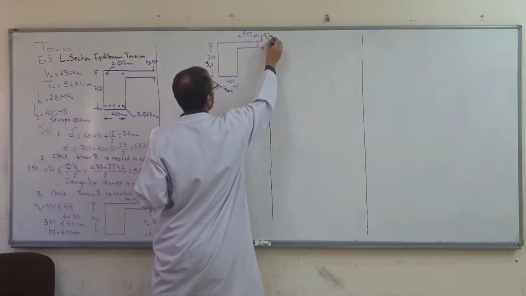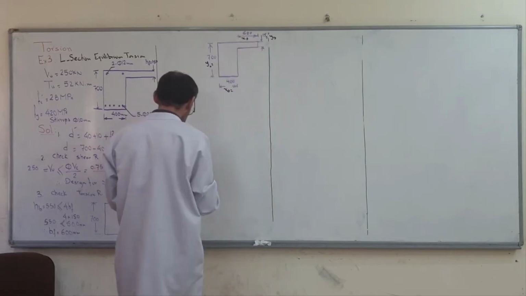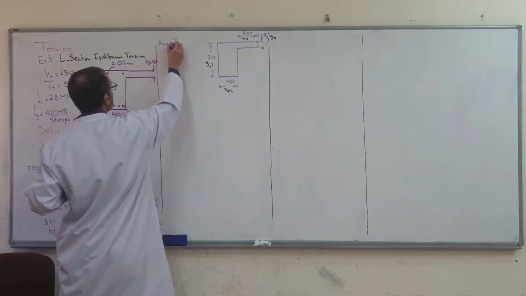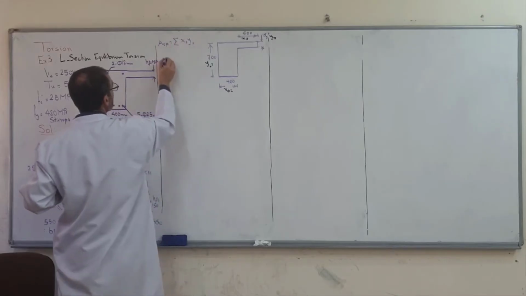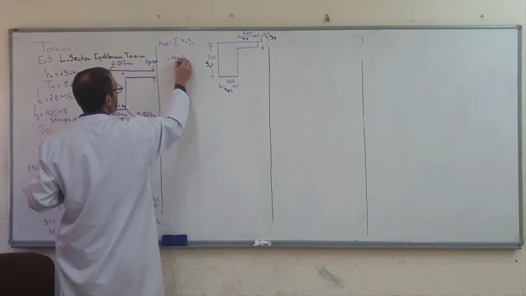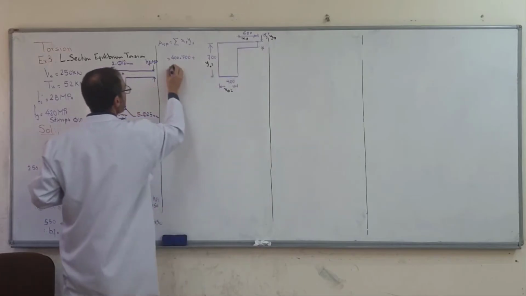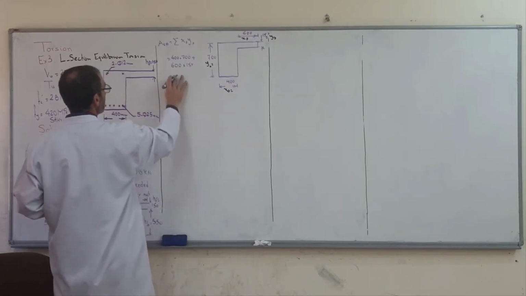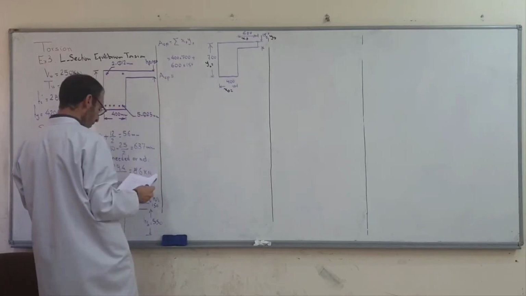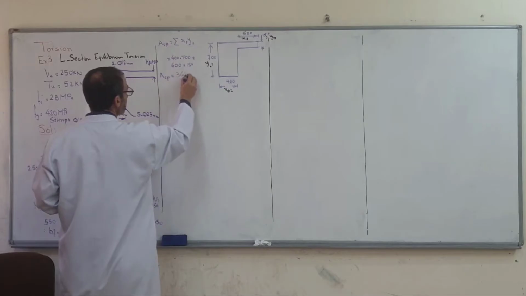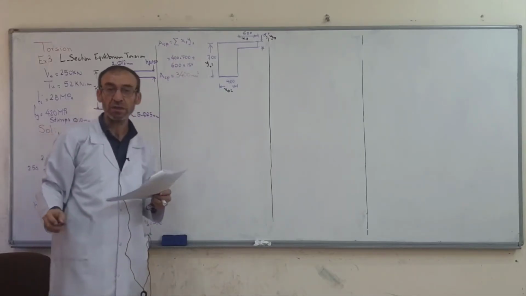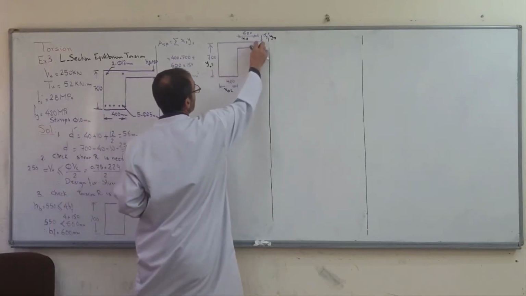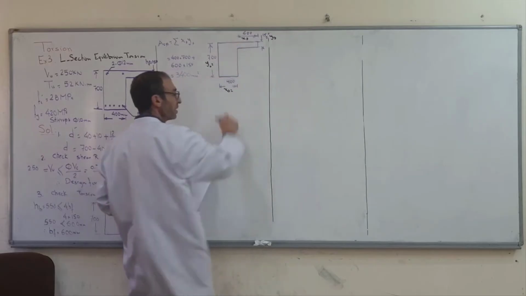Now I try to find Acp, as we know, the summation of the areas: 400 times 700 plus 600 times 150. I made a mistake in writing this, but the closed stirrups dimensions are 600 times 150 and 600 times 700, this area plus this area plus this area.